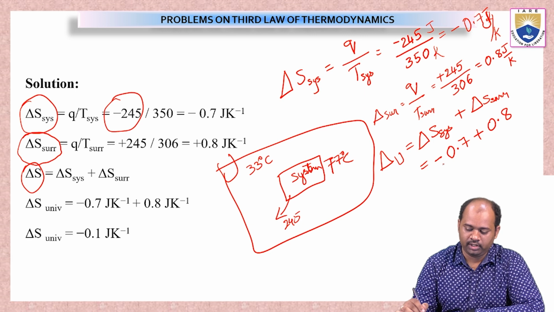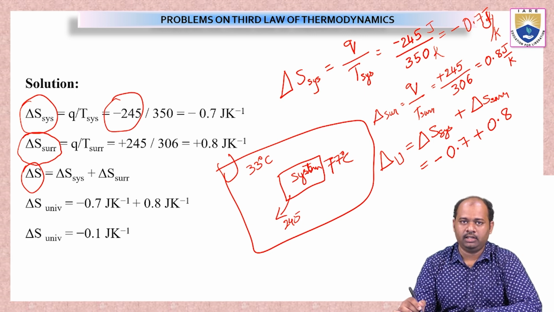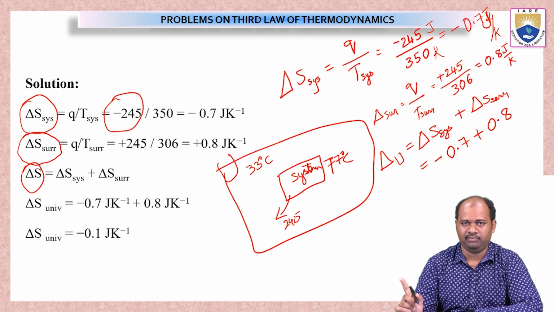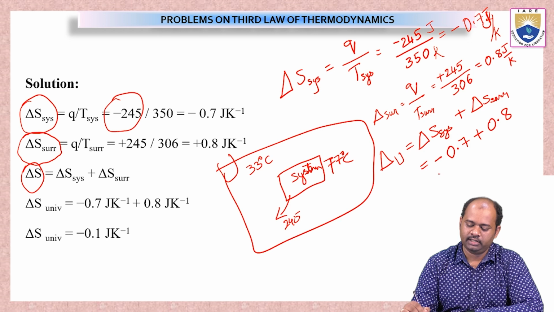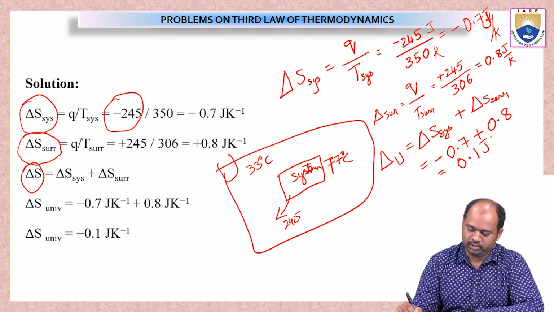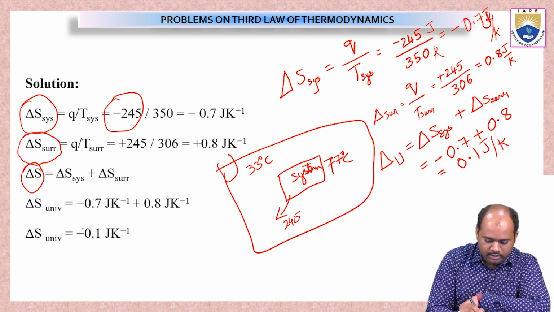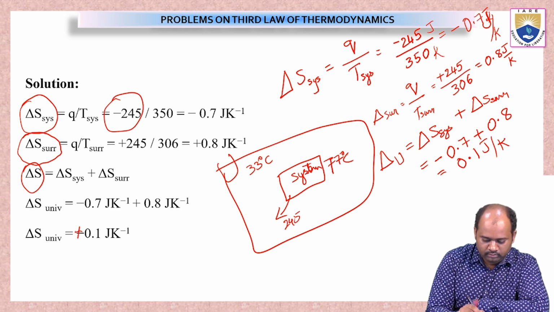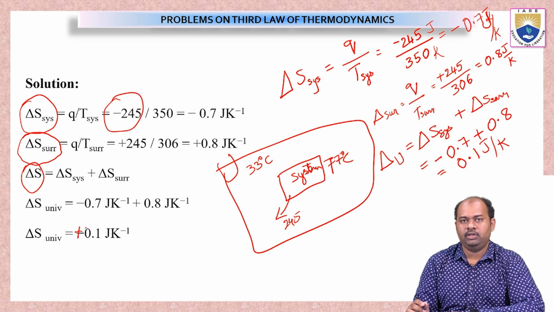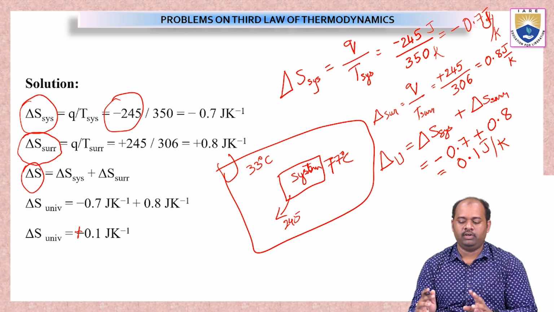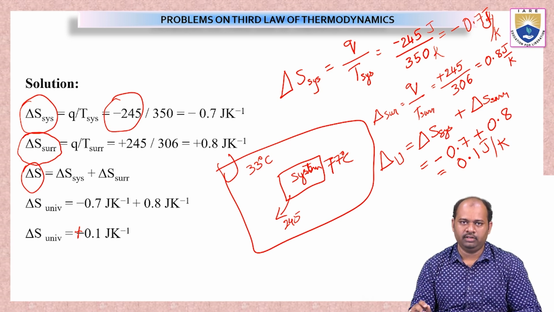Here observe carefully, we got a negative value when calculating the change in entropy of the system, which indicates the entropy is reducing. So minus 0.7 and the entropy of the surroundings is 0.8. Finally, we will get 0.1 joules per Kelvin. Here this is a positive sign only. So the change in entropy of the universe is equal to 0.1 joules per Kelvin.